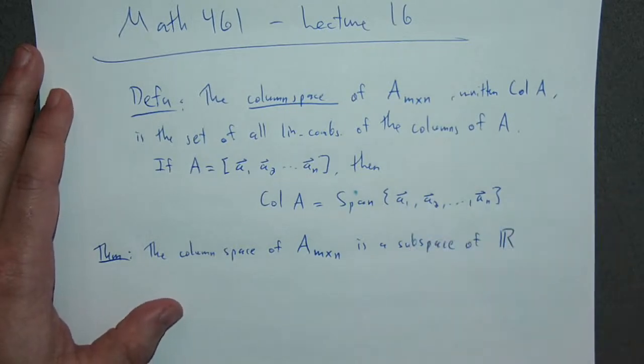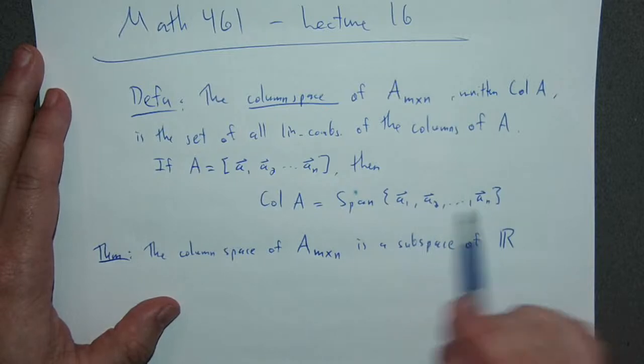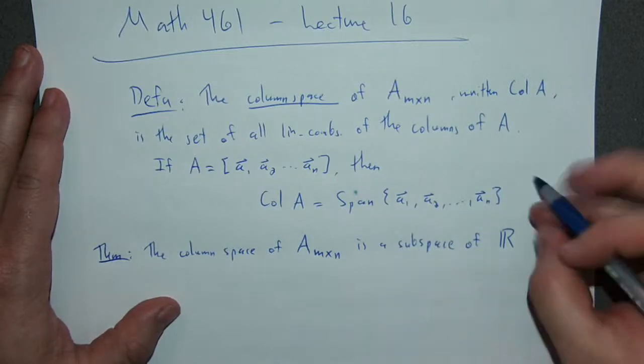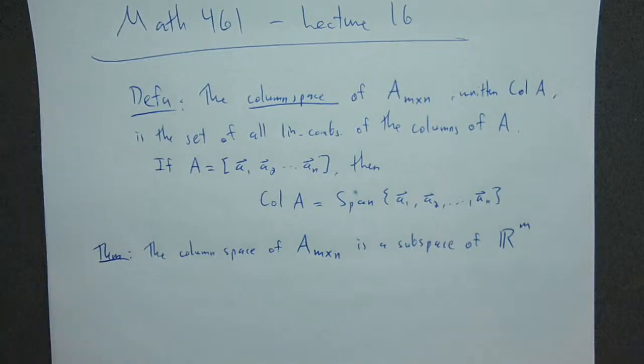Where do these columns live? There are n of them, but they have m entries. So this is a subspace of R^m.